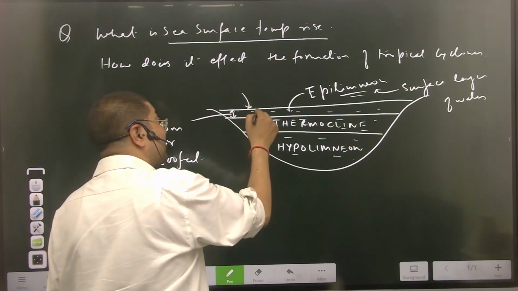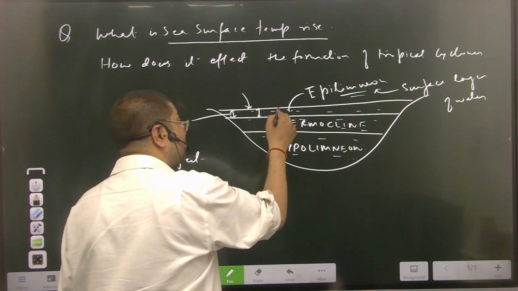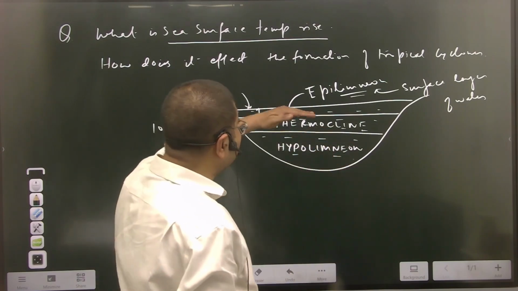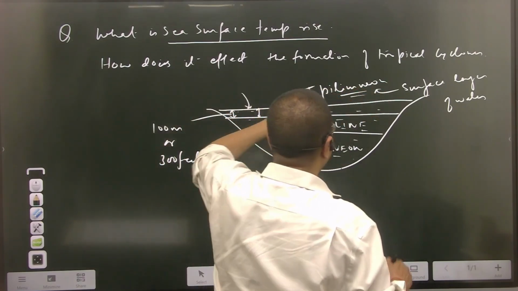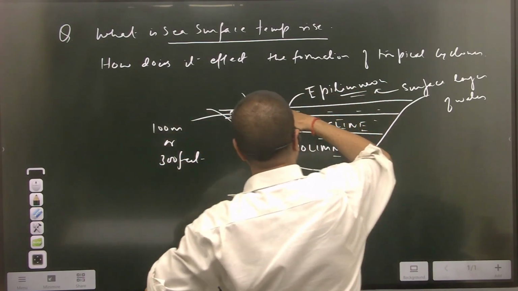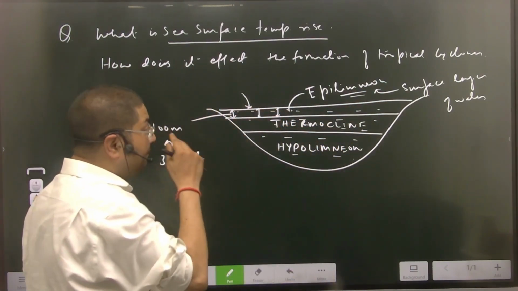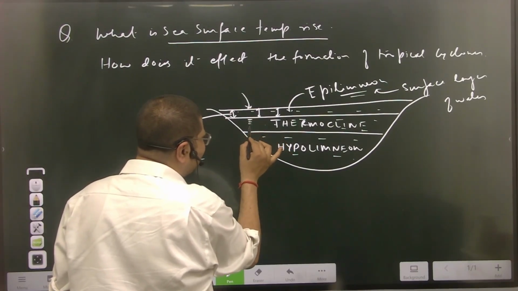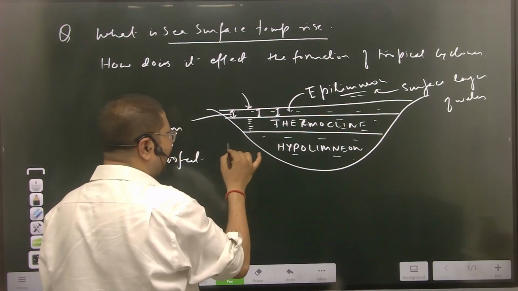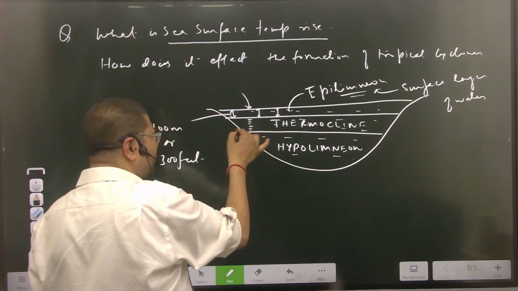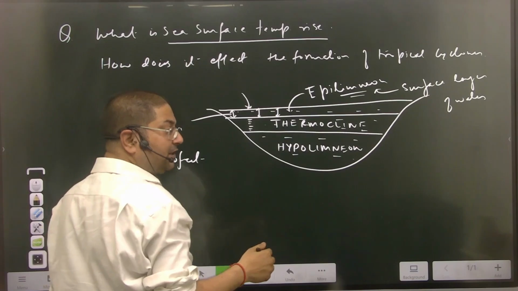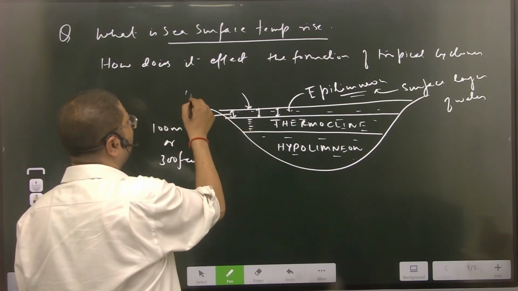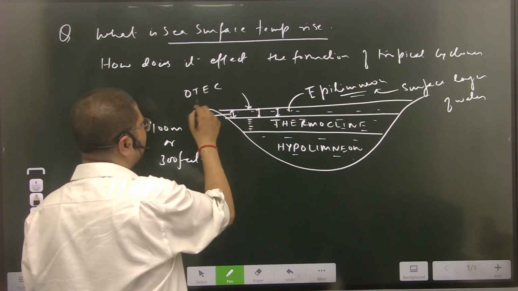It is here in this epilymnion layer that effect of ocean current is visible. Below this is thermocline, where rapid decrease in temperature takes place. This rapid decrease is utilized in OTEC, ocean thermal energy conversion.